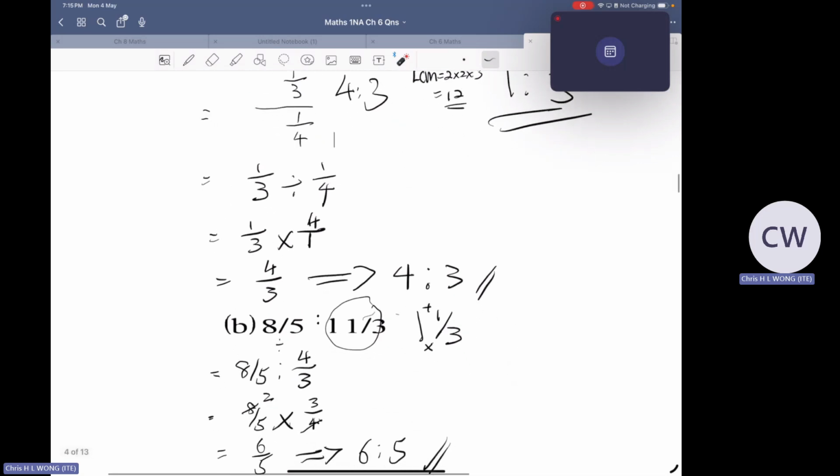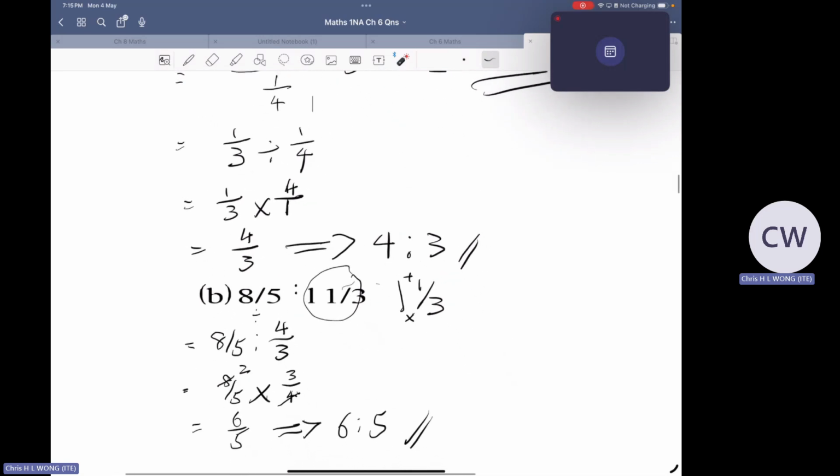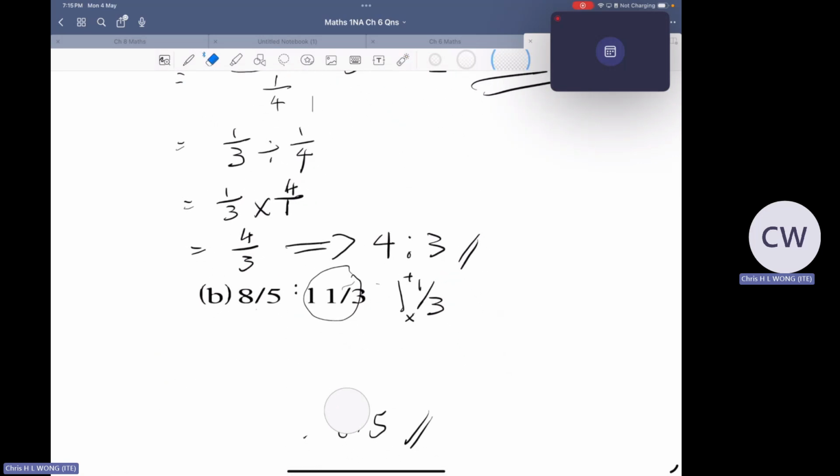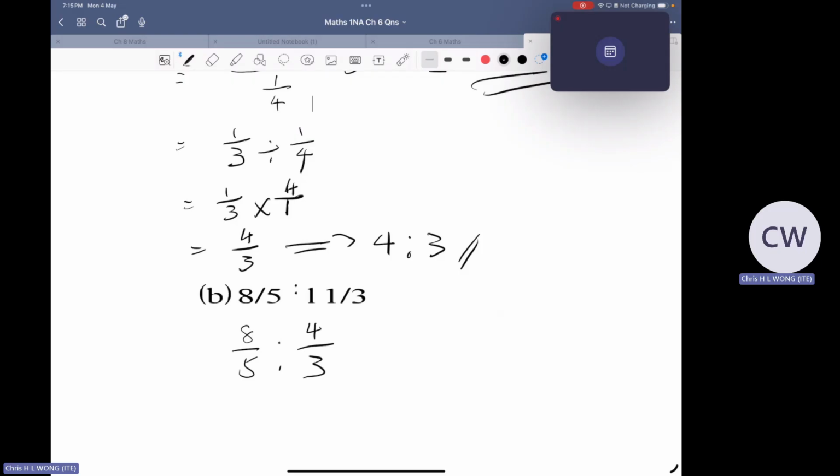You try to do this for me. Okay, 6 to 5, I erase this for you. Now you use the LCM method. 8/5 is to 1 times 4/3, right? Normally the LCM you can see from here, 5 and 3, LCM 15, right?